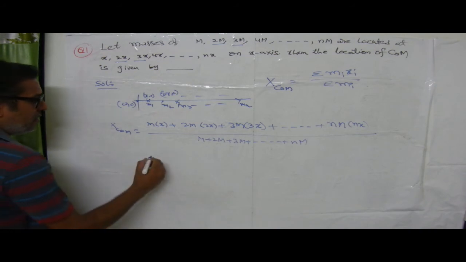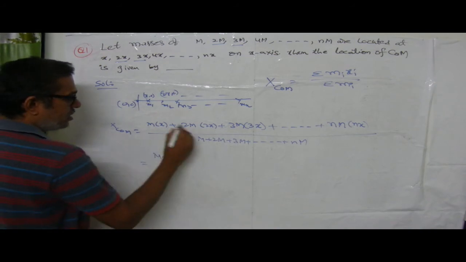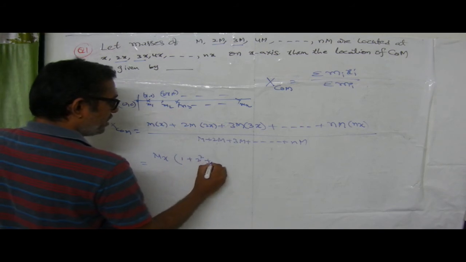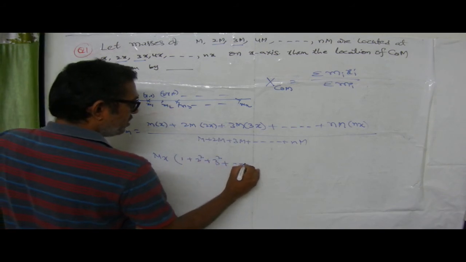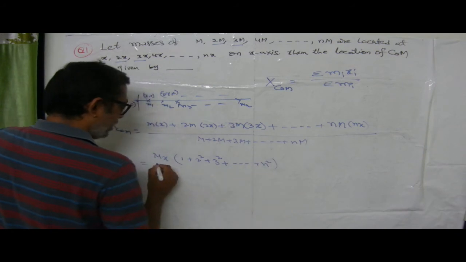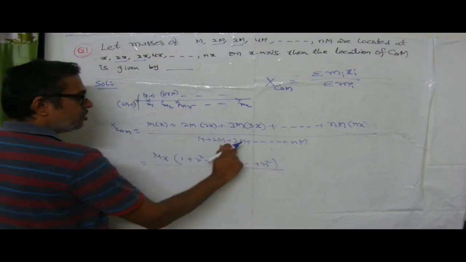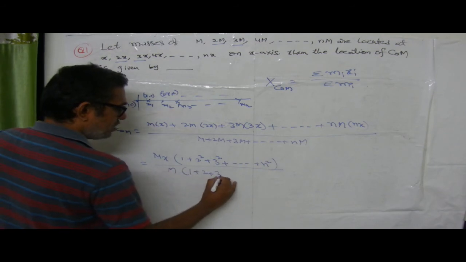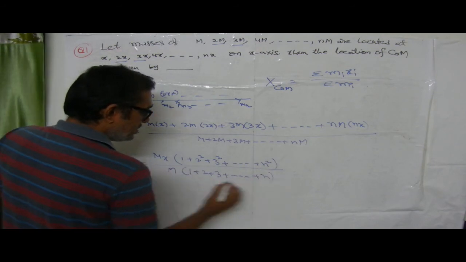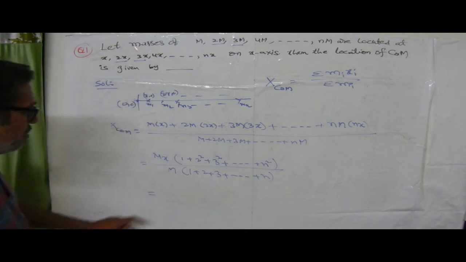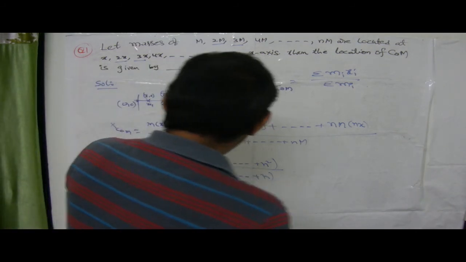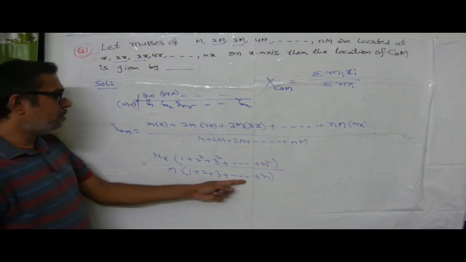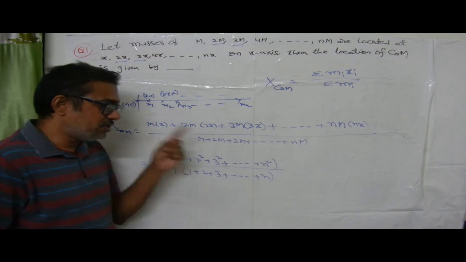Upon making mx common in the numerator, we simply have 1 plus 2 squared plus 3 squared plus up to n squared, whole divided by the summation of all masses; therefore we make m common, 1 plus 2 plus 3 plus up to n. Now the numerator belongs to the summation of squares of n natural numbers, and the denominator belongs to the summation of n natural numbers.